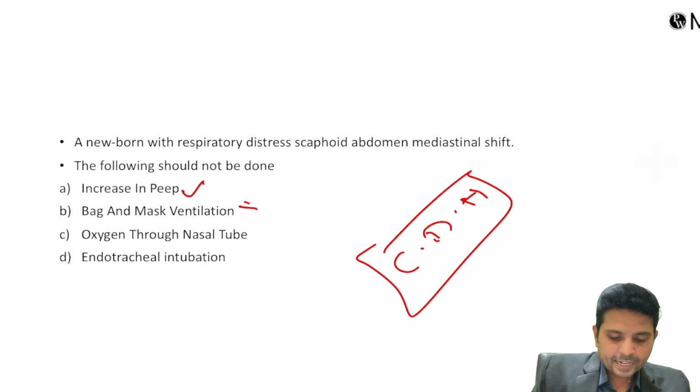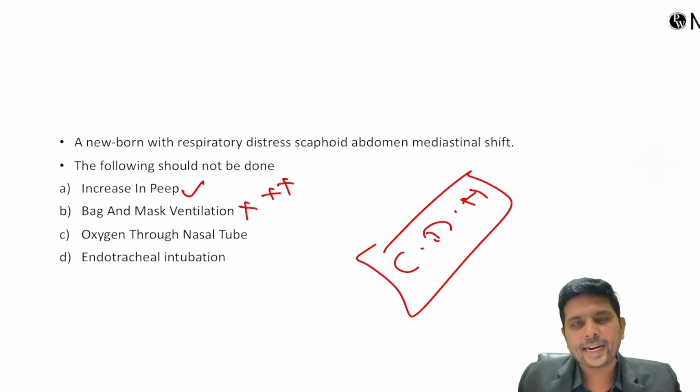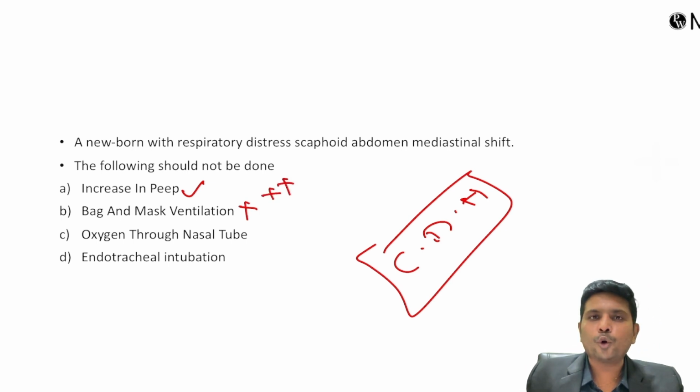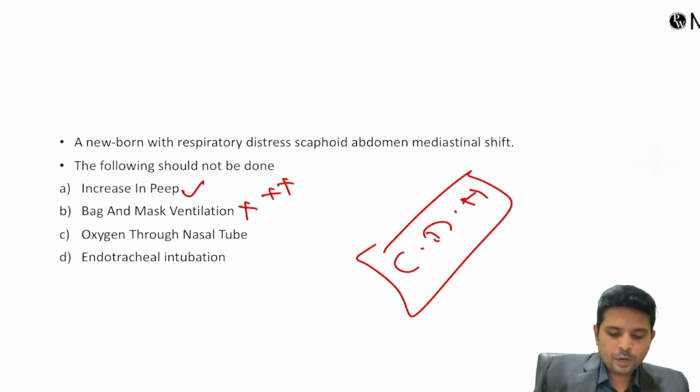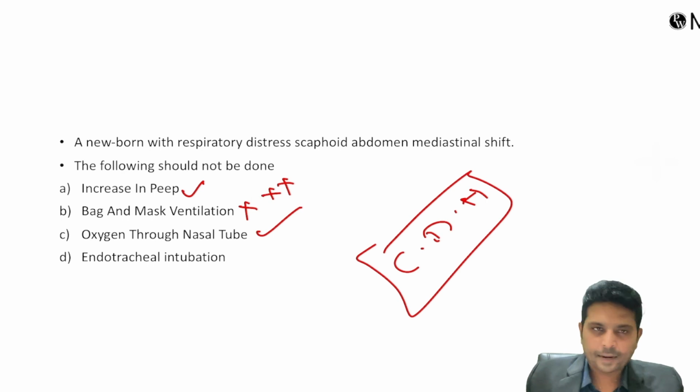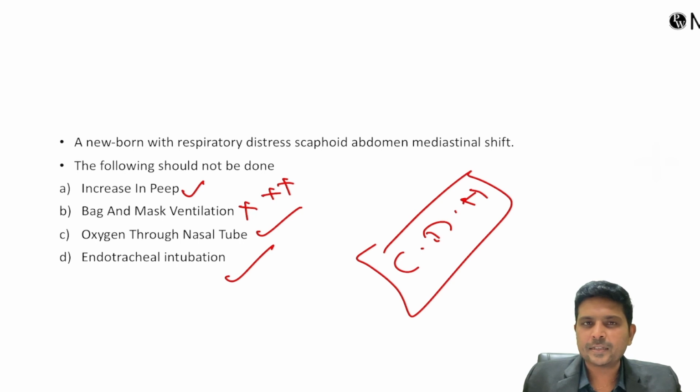Bag and mask ventilation is absolutely contraindicated because the air will go into the intestine which is present in the thorax, leading to compression of the lungs and it can worsen the scenario. So bag and mask should not be done. Oxygen through a nasal tube can be given. Endotracheal intubation can be done. So the answer for this question, which one should not be done in a case of congenital diaphragmatic hernia, is bag and mask ventilation.